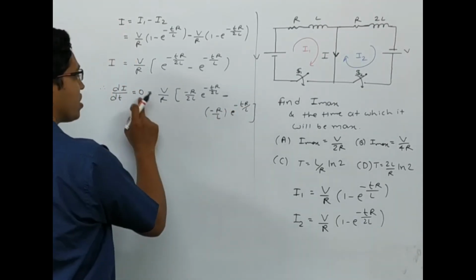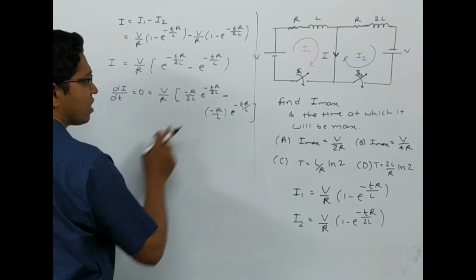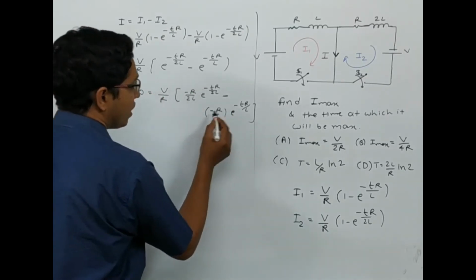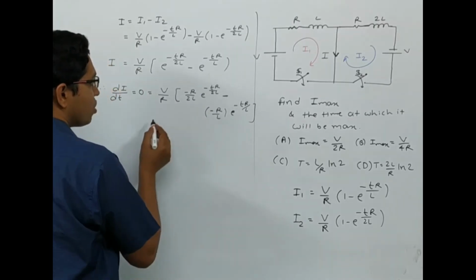Now I am equating it to 0, so V by R gets cancelled out, R by L gets cancelled out, and the minus minus becomes plus.